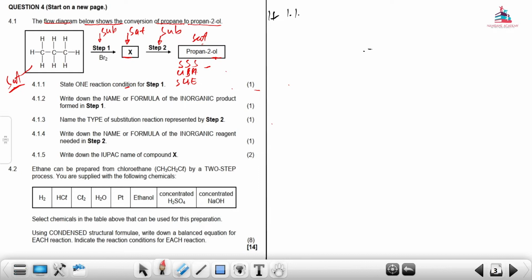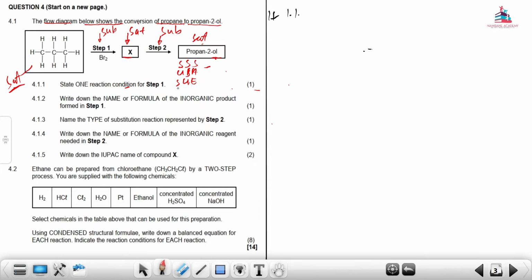So already I'm in a position of understanding the diagram that is given to me, understanding the flow diagram as it is in terms of each step, what it is now representing. Because if I am starting with unsaturated, of which I don't have in this case, there's no way I can have addition reaction.